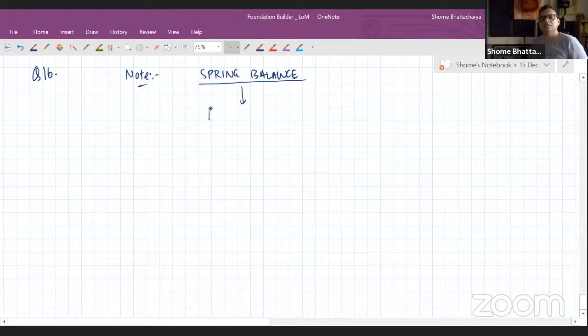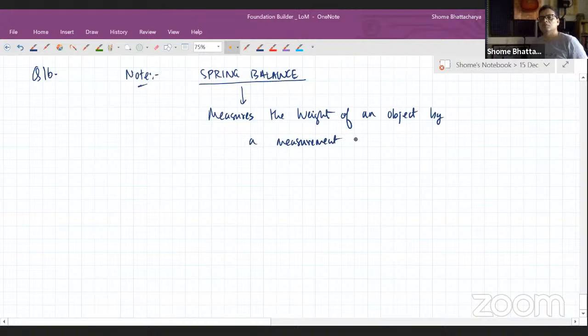A spring balance basically measures the weight of an object by a measurement of the tension in a spring used to suspend it.